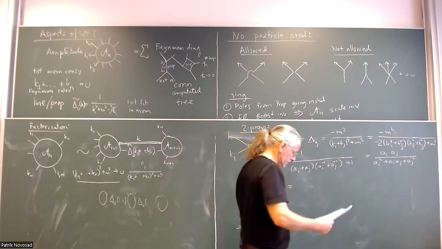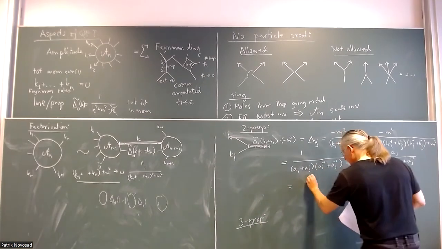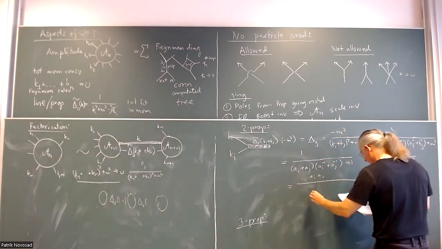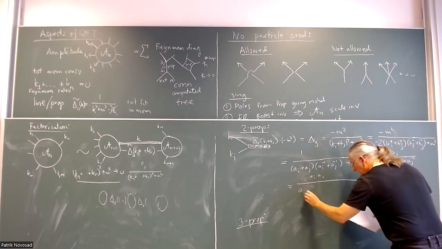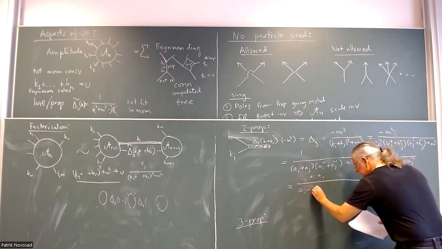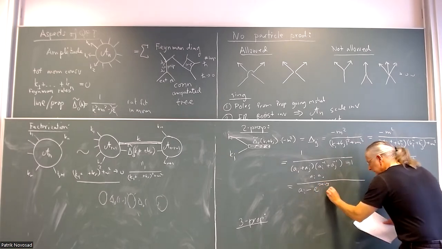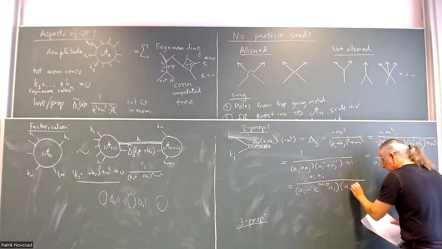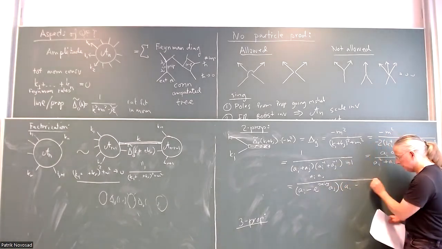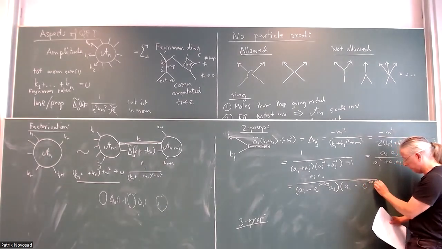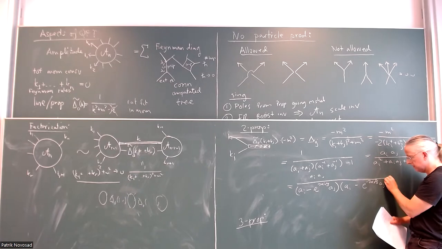And after a bit of thinking, you realize that I can factorize this as (ai minus e to the 2 pi i over 3 aj) times (ai minus e to the minus 2 pi i over 3 aj).